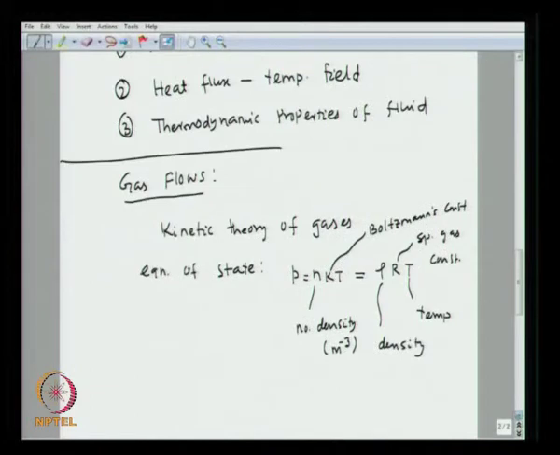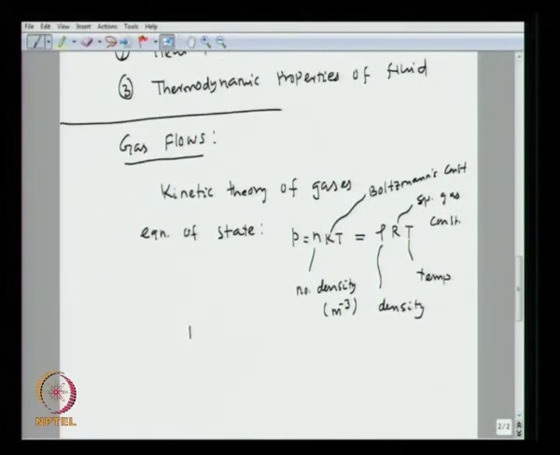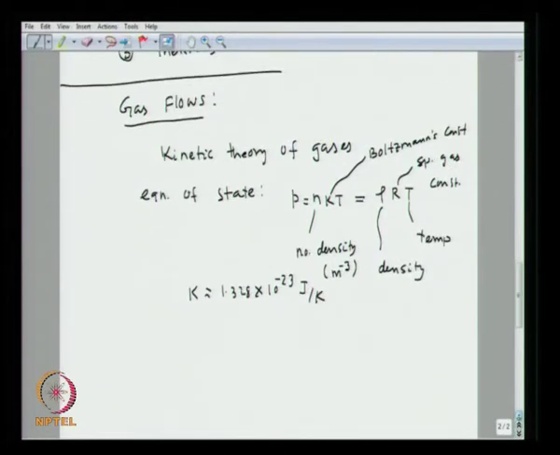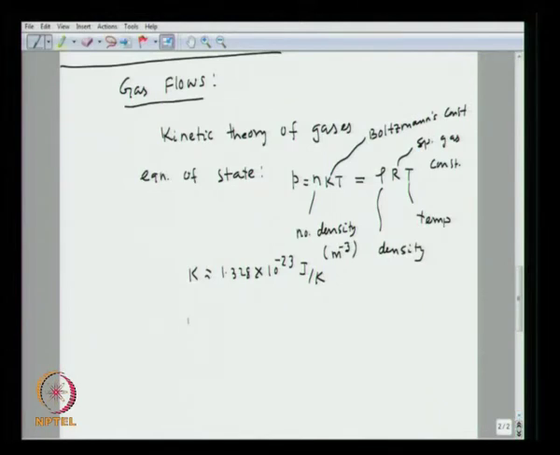This Boltzmann constant k has a value of 1.38 × 10^-23 joule per Kelvin. The specific gas constant R can be written as the universal gas constant divided by the molecular mass.